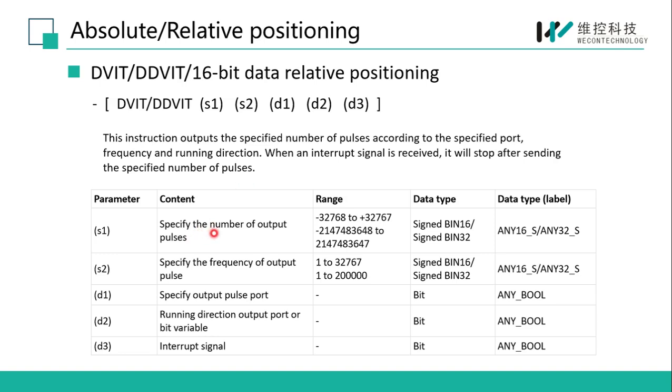The first parameter is the number of output pulses, the second is the frequency of output pulses, the third is the output pulse port, the fourth is the running direction output port, and the last one is the interrupt signal.